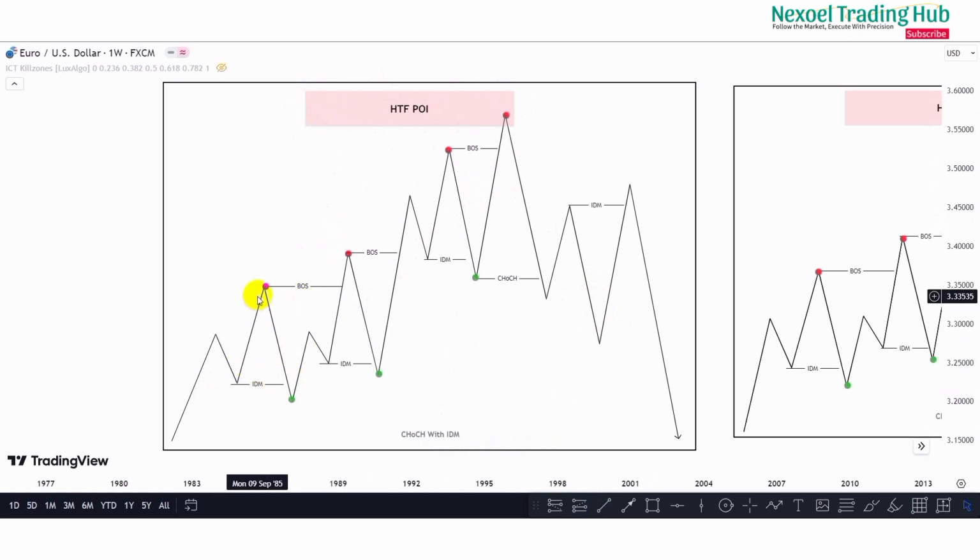Price moving to the upside, returning to grab internal liquidity, pushing to the upside to grab external liquidity, returning to the downside to grab internal range liquidity. Basically, I've stated earlier in one of the videos on this YouTube channel that the market moves to grab external range liquidity, grab internal range liquidity, move to fill inefficiency and grab liquidity. That is basically what the market does.